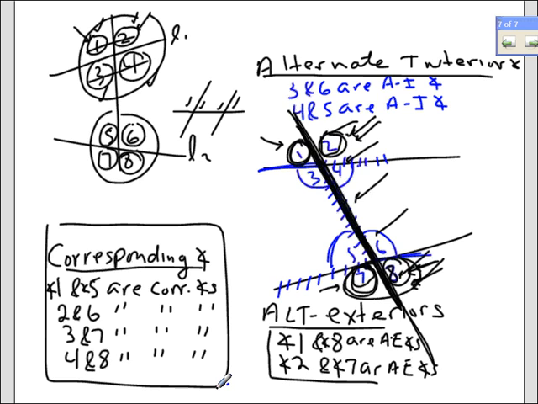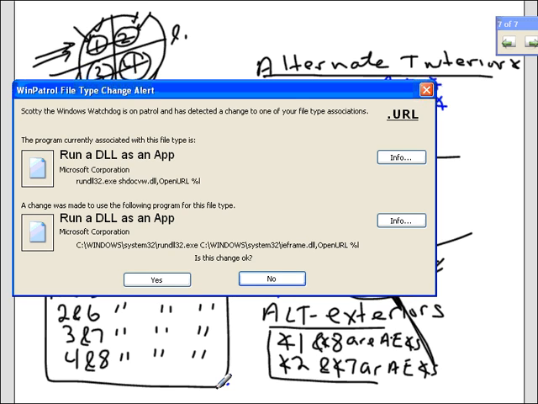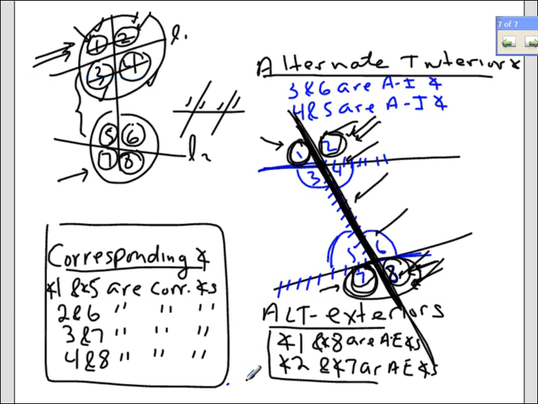Alternate exterior angles. Well, first you have to know what interior and exterior are. Remember that 1 and 2 and 7 and 8 are exterior. And everything inside, 3, 4, 5, and 6, are interior angles. The definitions are nice. If you're inside, you're interior. If you're outside, you're exterior. And to be alternate exterior, you have to be outside, and there are 4 angles outside.